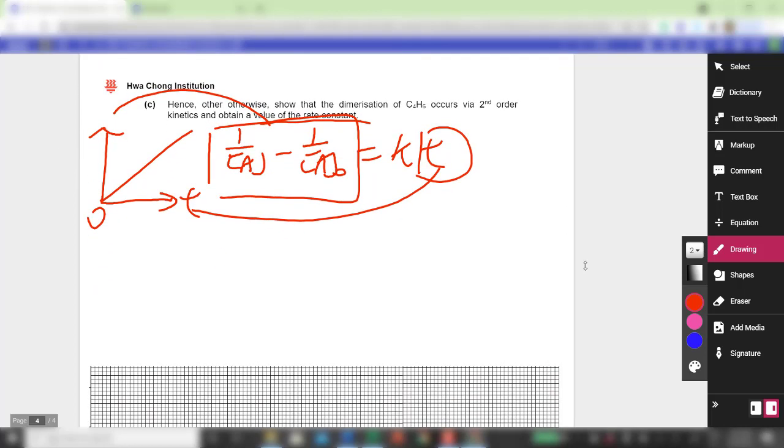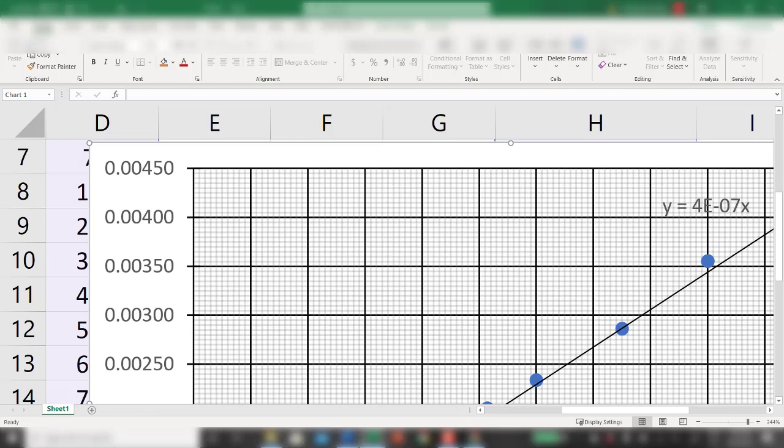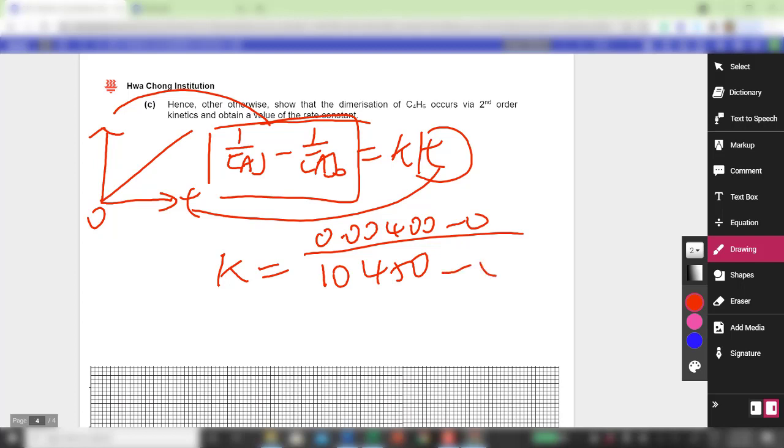So we go back to this. My gradient will be change in y. The change in y here is 0.00400 minus 0, divided by 10,450 minus 0.